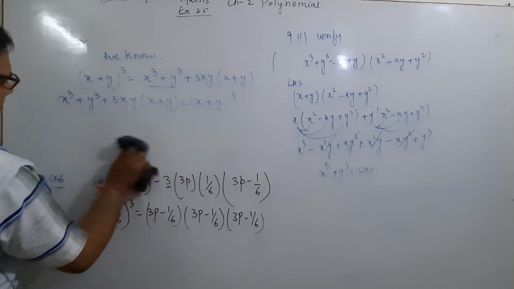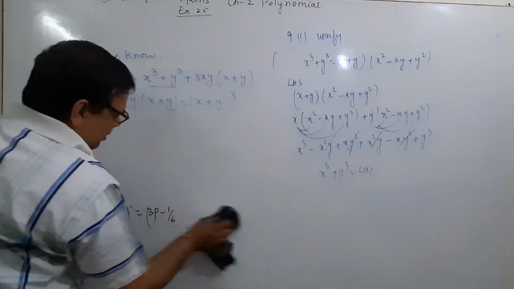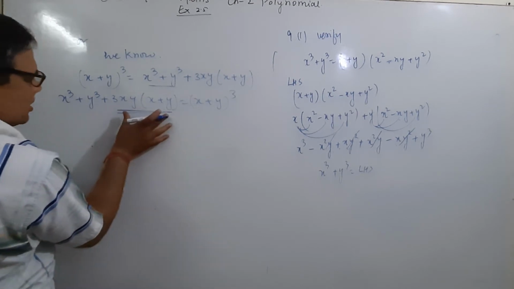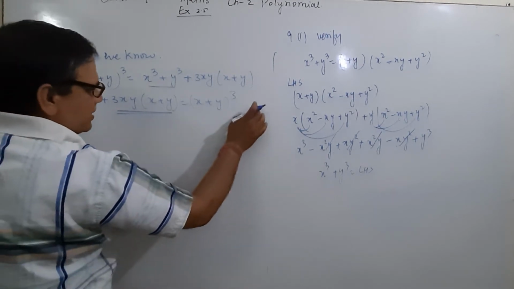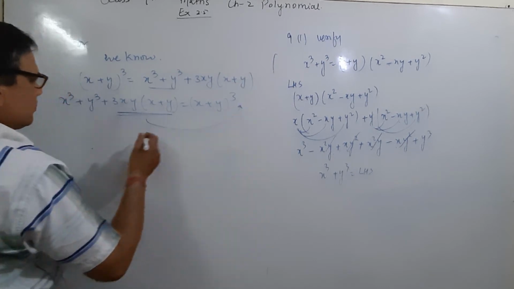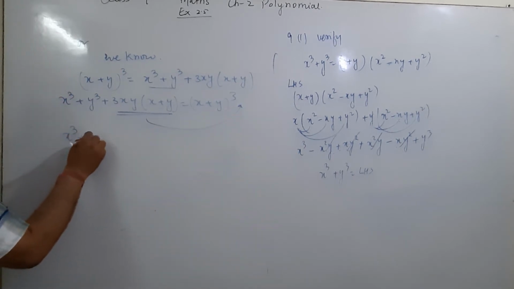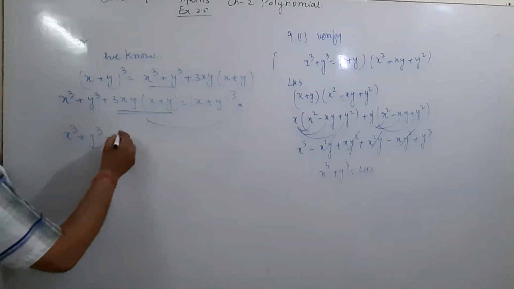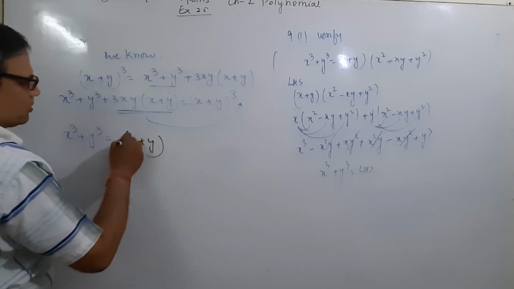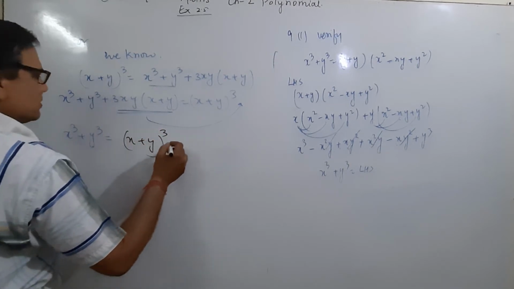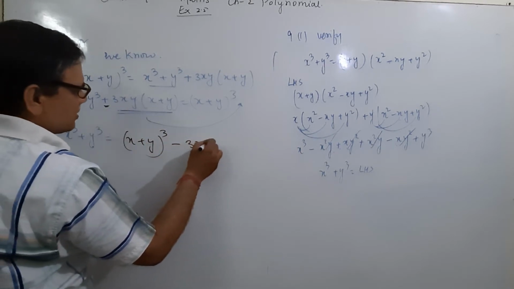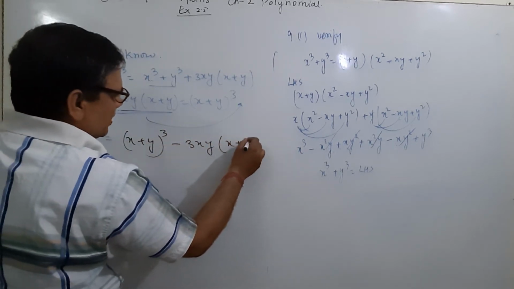And now what will we do? The single term will be transferred to the right hand side, then the sign will change. What is your answer? x cube plus y cube is equal to (x plus y) whole cube minus 3xy(x plus y).